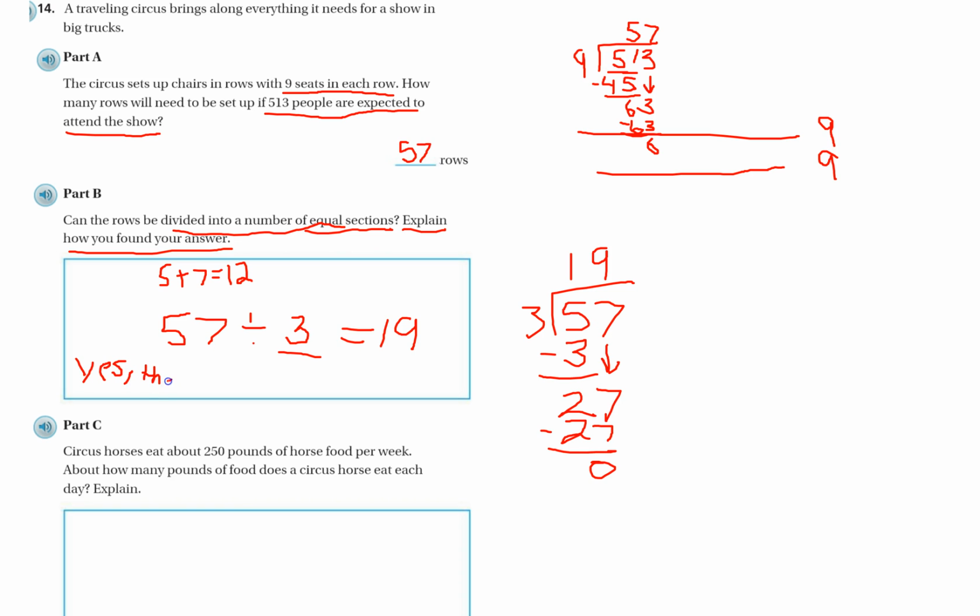They can be divided into 3 equal sections or 19 equal sections, because remember it's a fact family.